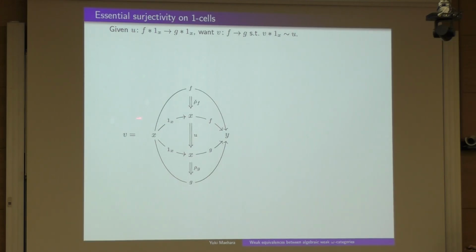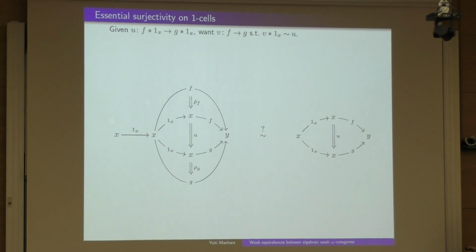So now this V actually points from just F to just G. That's just the original cell sandwiched between these witnesses to the unit law. But we have to show that if you whisker this V with an identity, then we get the original U. So here's a picture. This was our V. If you whisker that with the identity, do we get this U back?